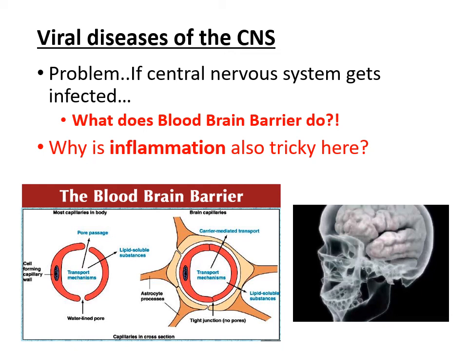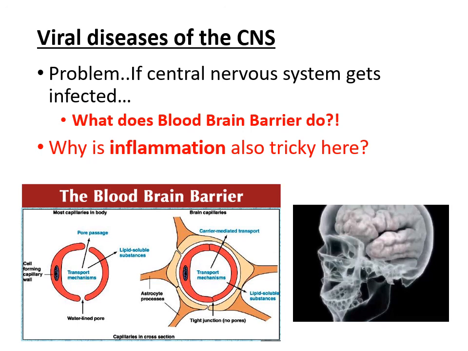Basically, it's this network of capillaries, and it makes it so that most materials can't pass from the blood to the brain. This is a problem if you have an infection there in the central nervous system, because most drugs and antibiotics cannot make it to where the infection is because of the blood-brain barrier.